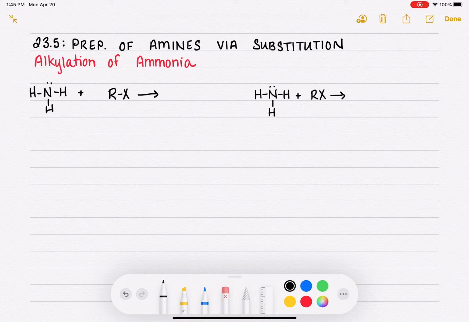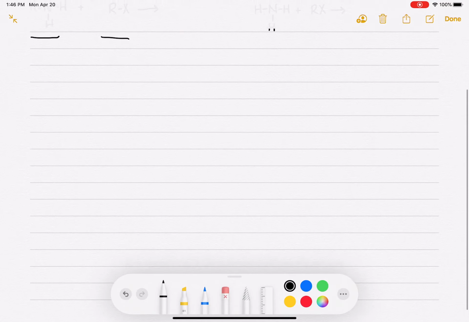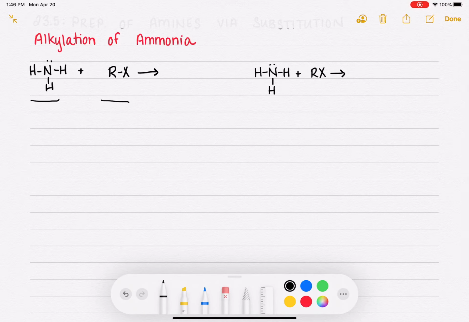So the alkylation reaction, when you're mixing ammonia with an alkyl halide, it's a pretty favorable reaction, and it's also really uncontrollable in terms of stoichiometry. So if we just mixed an ammonia with an alkyl halide, some of our products would come from the 1-to-1 reaction. So we would end up with like an NH2R. But some of the ammonia molecules would get alkylated twice, so we would end up with this NR2H.